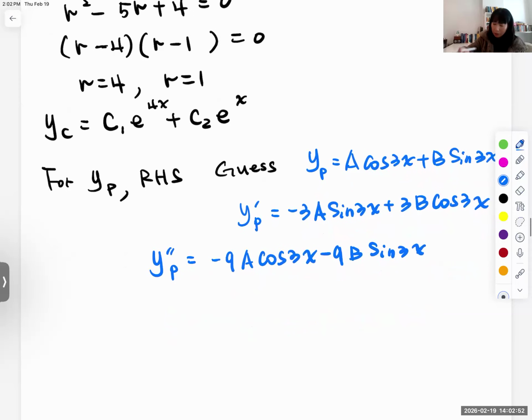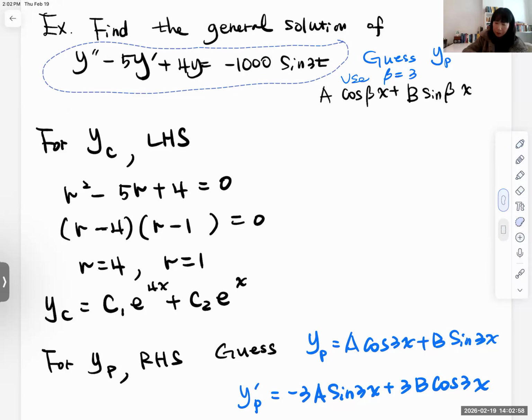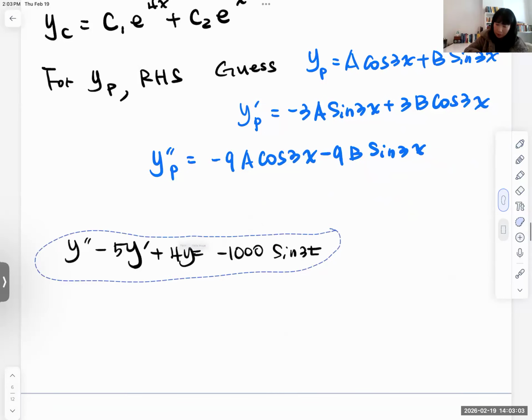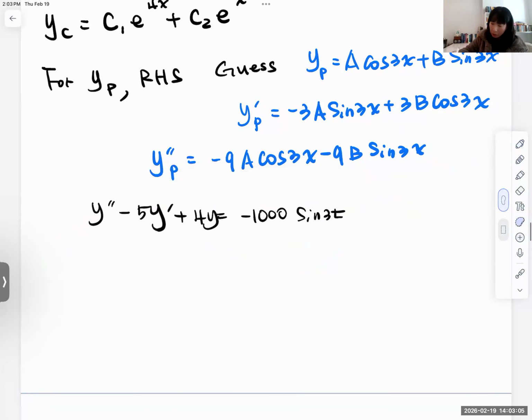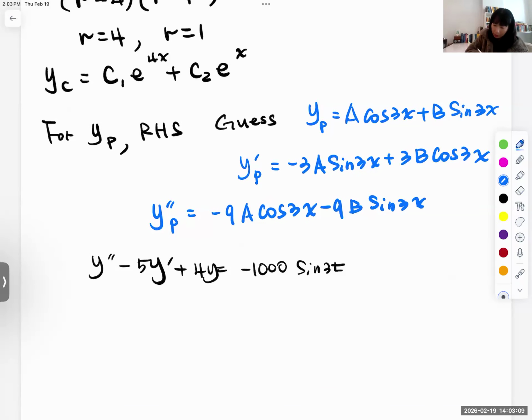Okay, now we have the original one and substitute y second prime, y prime, y, right? Okay, so there will be double prime, negative 9.